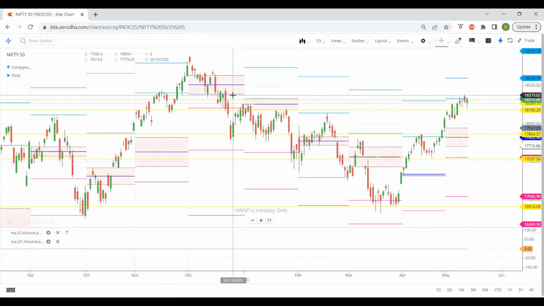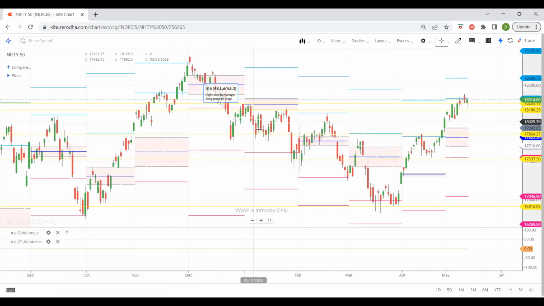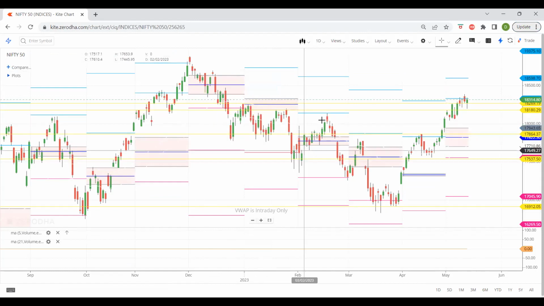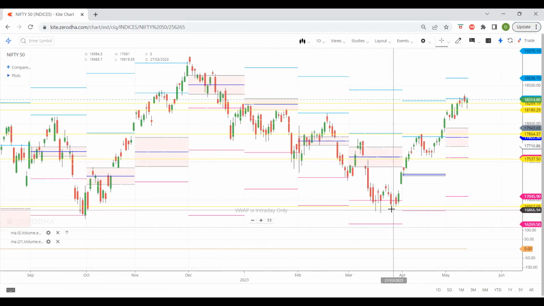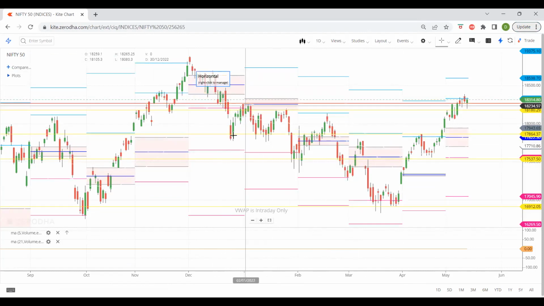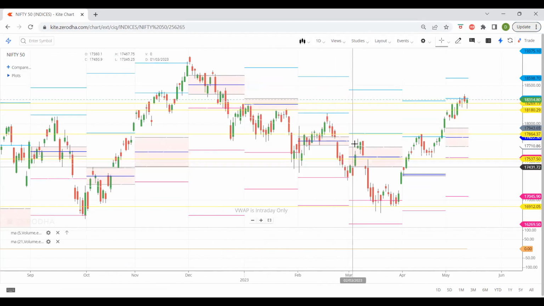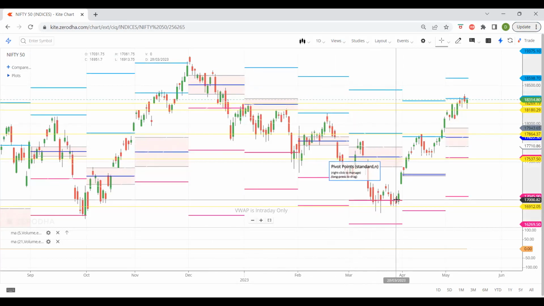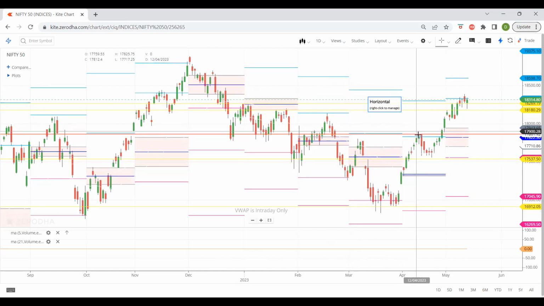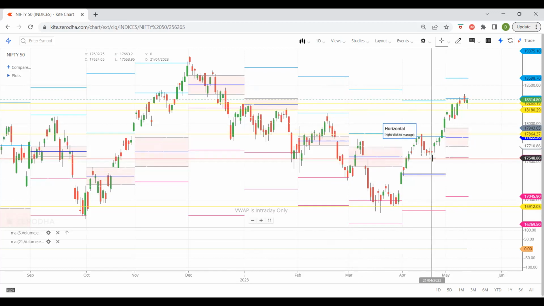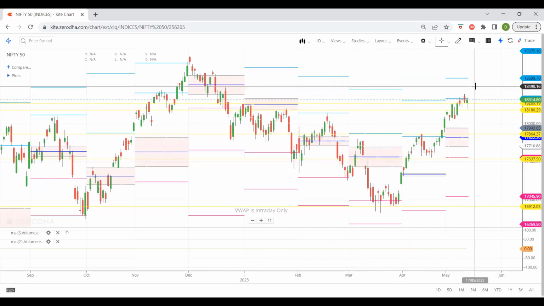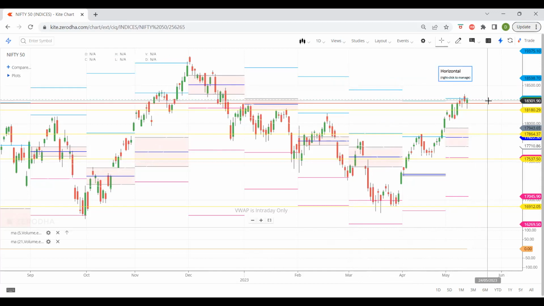As you can see, the Nifty has reversed its downtrend, which it was in from the start of December 2022, making lower highs and lower lows. This is a formation which confirms a downtrend. Now it has started making higher highs and higher lows. This is a higher high compared to this, and this is a higher low compared to this. So in the short term, Nifty is in an uptrend.